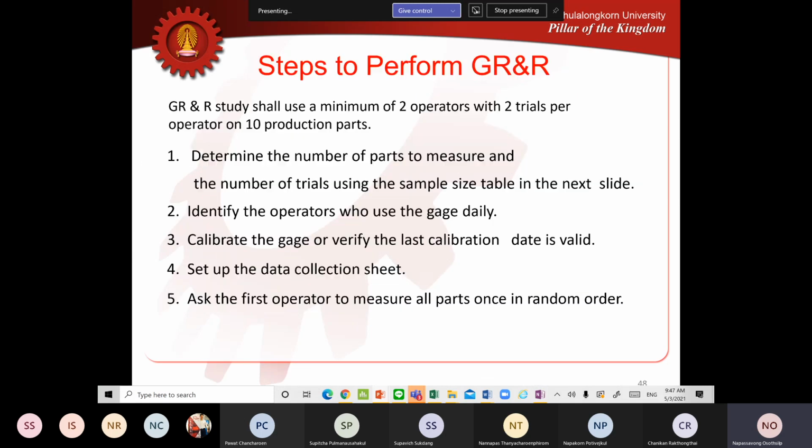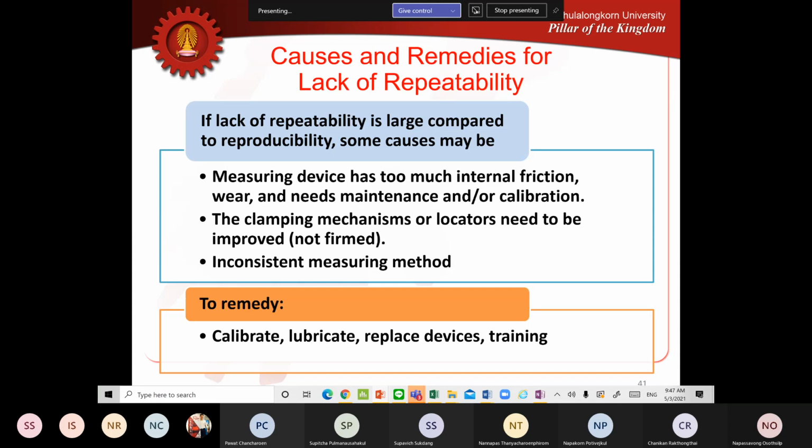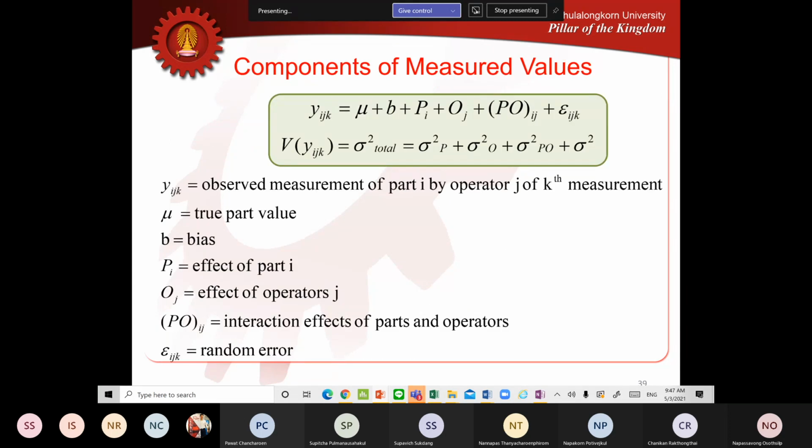Okay, come back to see this model. So Y_ijk means the observation, or the measurement, of part i. I'm sorry, I mean the part effect, part i.